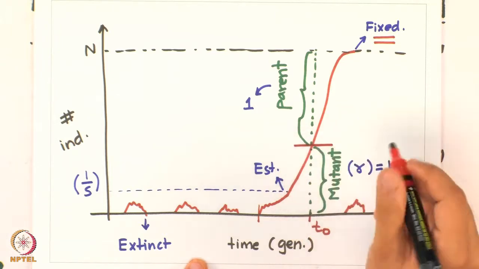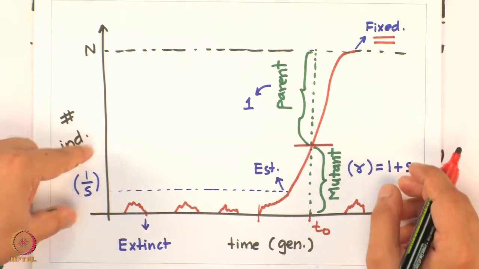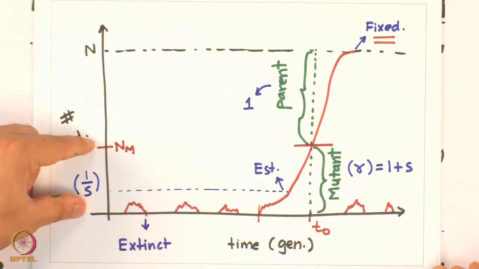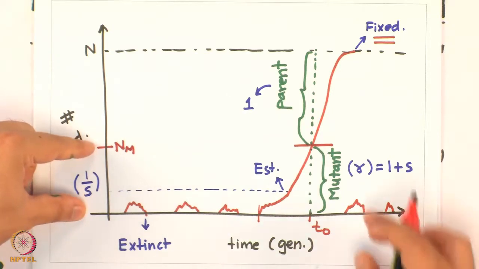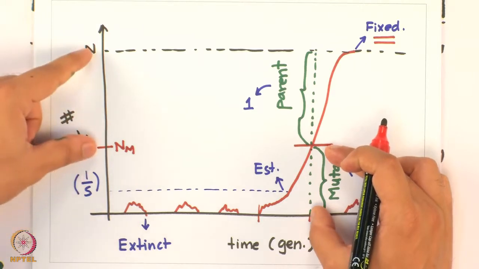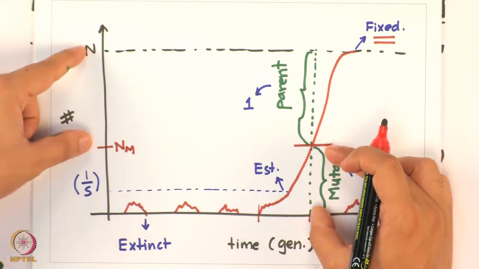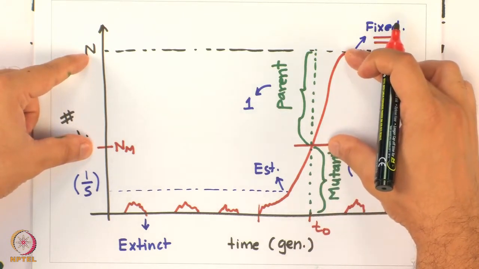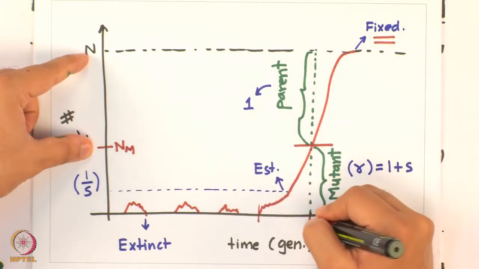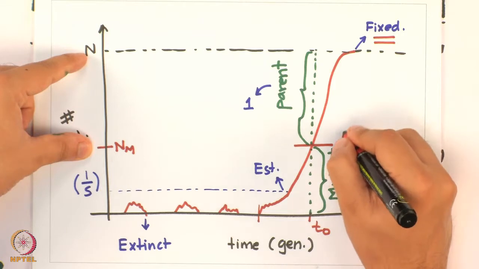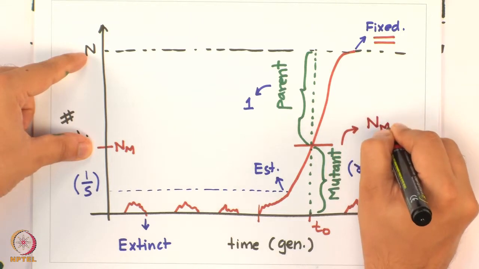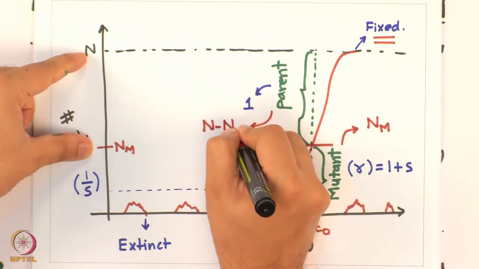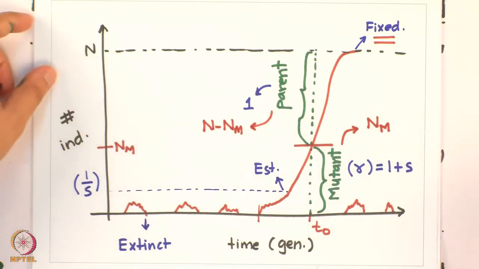Reading this off, from 0 to nm is the number of mutant individuals in the population at this time, and from nm to n is the number of individuals associated with the parent genotype. So at this instant t naught, I have nm individuals of mutant genotype and n minus nm individuals of the parent genotype.